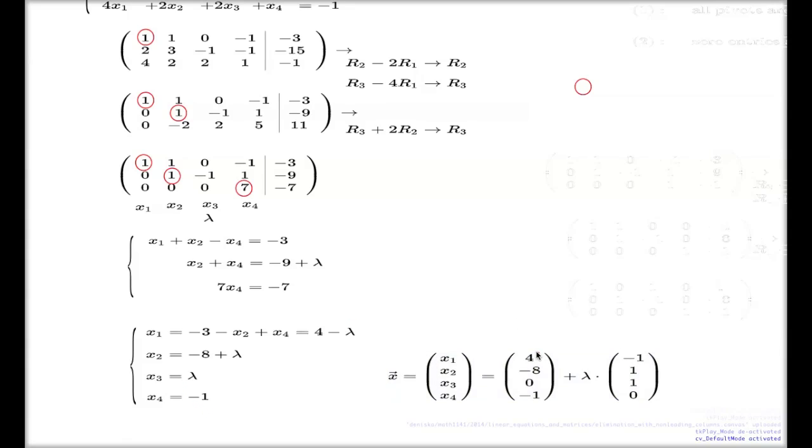Here are the numbers from the right-hand side with no lambda: 4, -8, 0, -1. Here are the numbers which are next to lambda: -1, 1, 1, and 0. When I write this in this particular form, you can recognize here the parametric form of a line in four-dimensional space. So not only did we conclude we have multiple solutions, we also concluded that the solutions, in fact, form a line in four-dimensional space.